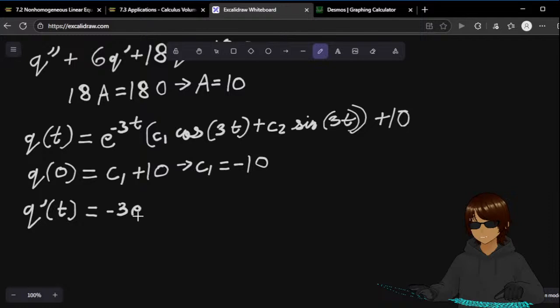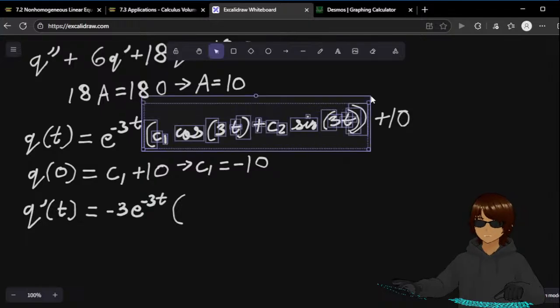Minus 3 e to the power of minus 3t. Derivative of the first times the second. We need to find the charge.